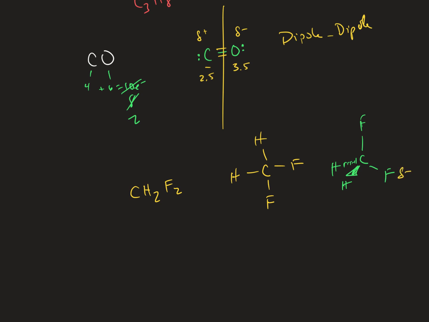Carbon-fluorine, this is partial negative, this is partial positive. We draw a line that separates the positives from the negatives? Yes. Therefore, this is polar, so what type of intermolecular force does it have? Dipole-dipole. Good?